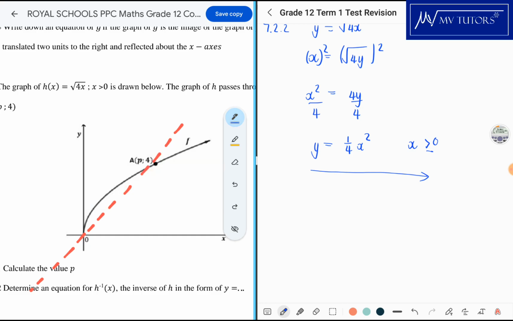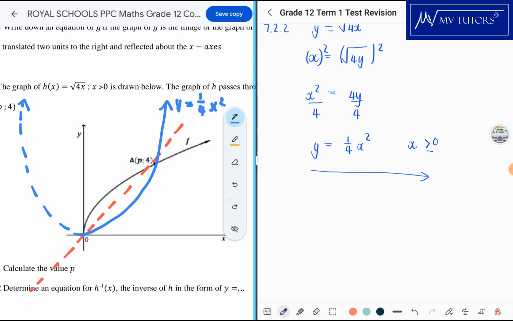Basically, our graph would look something like this. And this is the only side that we're drawing. This would be your y is equal to a quarter x squared. We're not including this part because the original function didn't include this part over there.